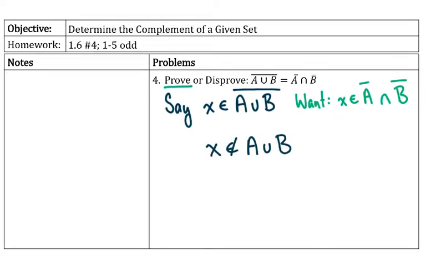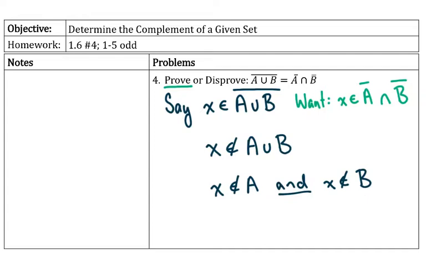If something is not an element of a union, that means x is not an element of A and x is not an element of B, because if either of these were true, then it would be in the union.